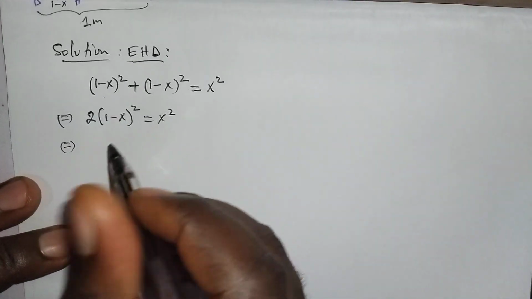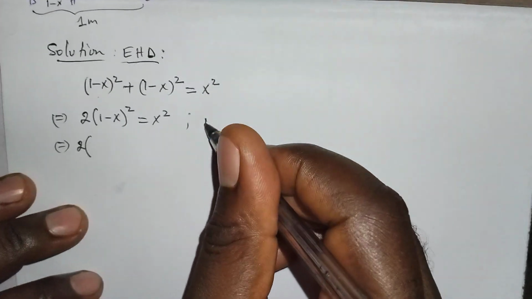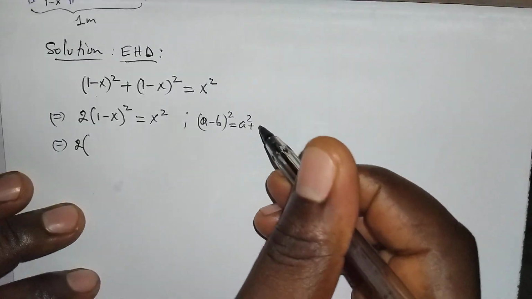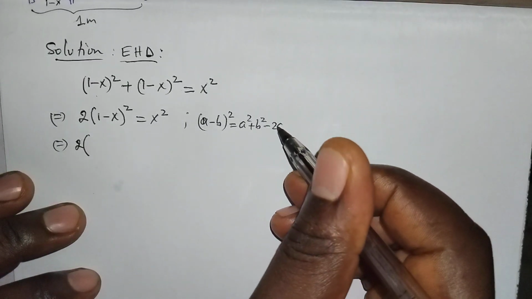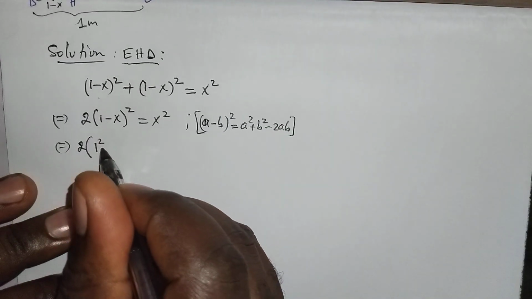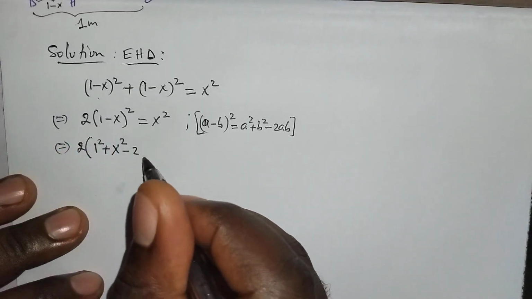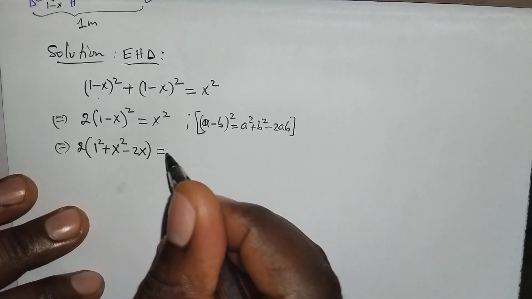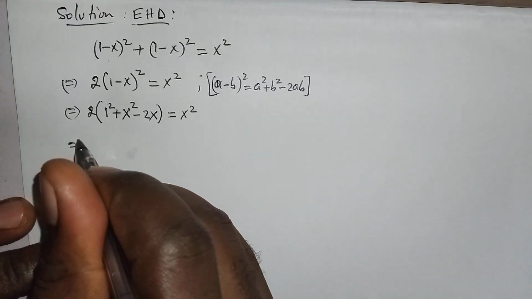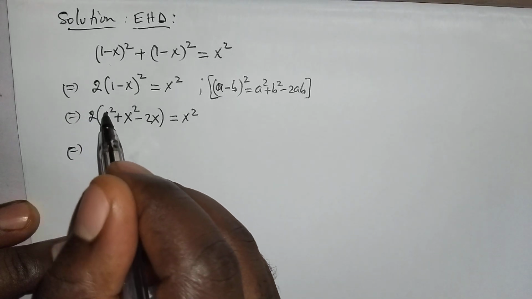Now we are going to expand this. This is in the form (a minus b) squared, which is equal to a squared plus b squared minus 2ab. So it is 1 squared plus x squared minus 2 times 1 times x, which is equal to x squared. We multiply both by 2, multiply 2 inside.